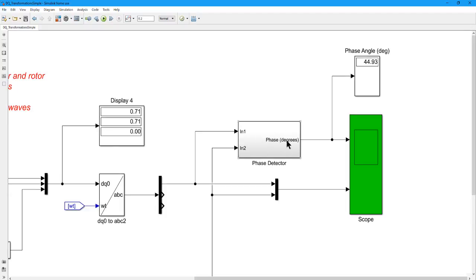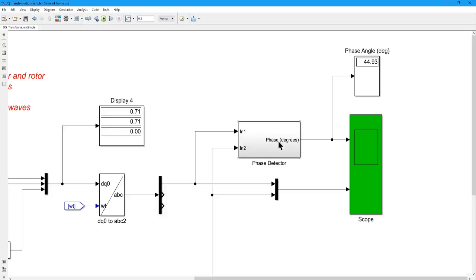Now, what this block does is it has two inputs. And both inputs are just basic sine waves. And input 1 is a sine wave that is at a phase angle of 45 degrees. Input 2, in this case, is a sine wave with a phase angle of 0 degrees. So there's a phase difference between these two simple sine waves.